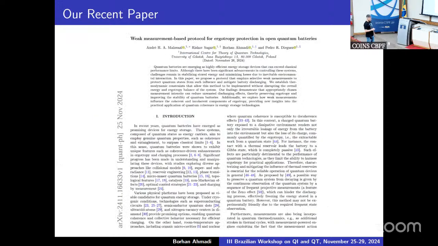And as an advertisement, we put a paper just yesterday on a weak measurement-based protocol for ergotropy protection in open quantum batteries, because there are not many papers on ergotropy protection of batteries when they are filled. Most of the papers are about charging quantum batteries.